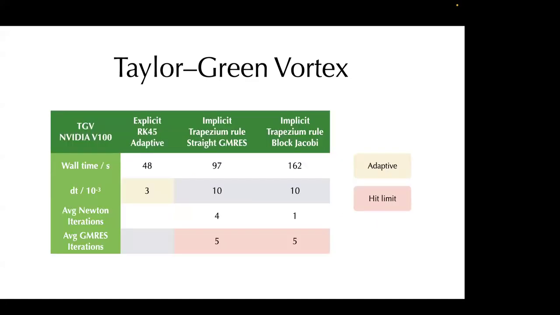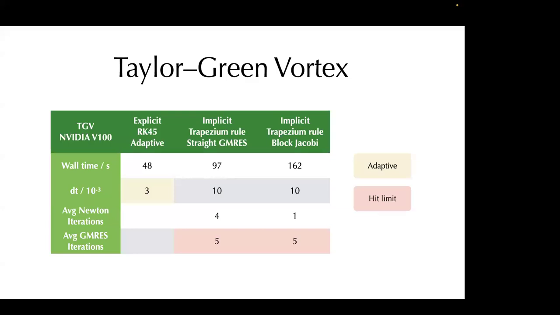To give you an idea of where things land, unsurprisingly for this problem, explicit is the most efficient, followed by the trapezium rule with straight GMRES, and followed after that by the trapezium rule with block Jacobi.